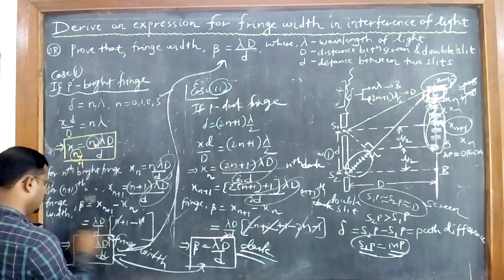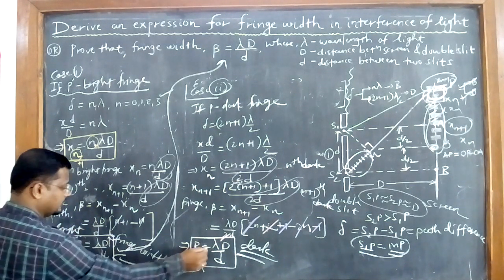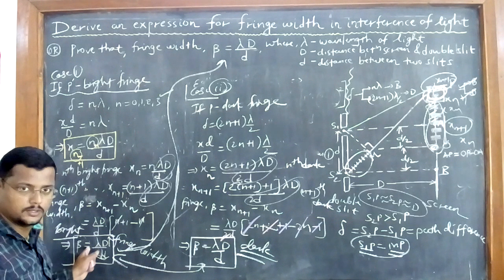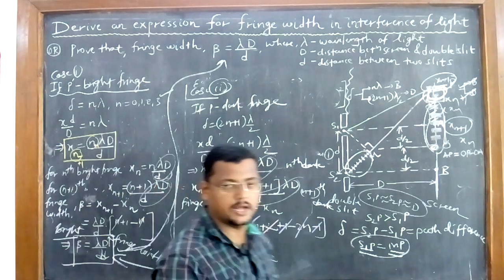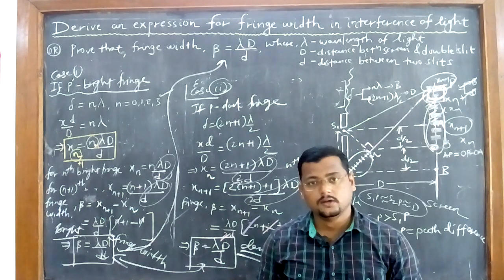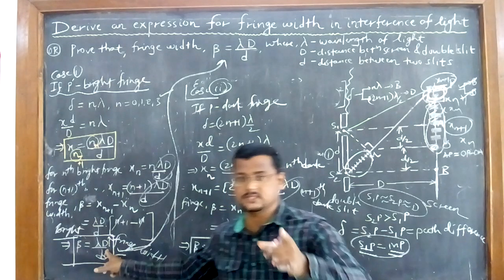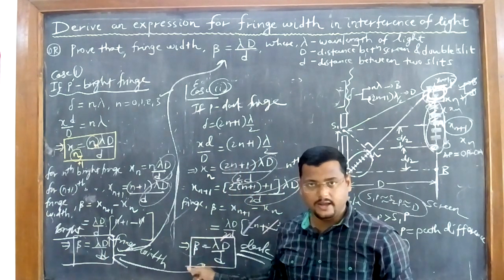From this, what you conclude here is that the distance between any two successive bright fringes is the fringe width, and the distance between any two successive dark fringes is also the fringe width. And we can say that the distance between any two successive bright fringes is exactly equal to the distance between any two successive dark fringes.